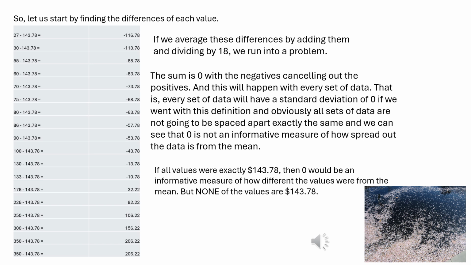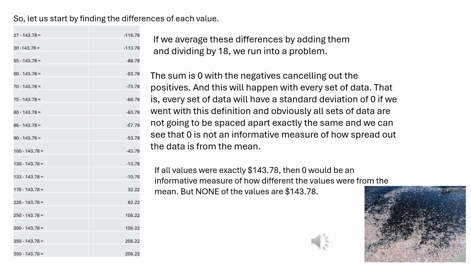Notice some are negative, like negative $116.78 and negative $113.78. And then they start to become positive with $32.22 and then $82.22. And the highest difference is $206.22.